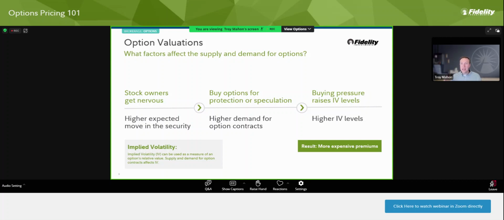So if I'm looking at, again, XYZ stock is at $100 a share. If I'm looking at the 105 strike call, let's say that call was trading at $2. That means between now and expiration, the market expected, hey, this could go as high as $107. That's 105 plus $2.